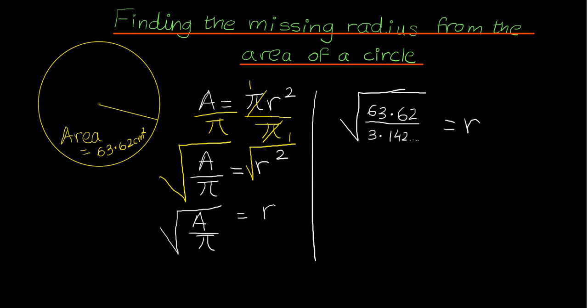and this will now give me a value. Let me just quickly work this out. 63.62 divided by pi, and then we square root this answer.